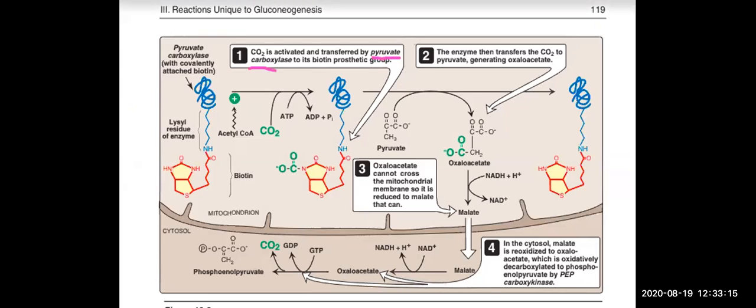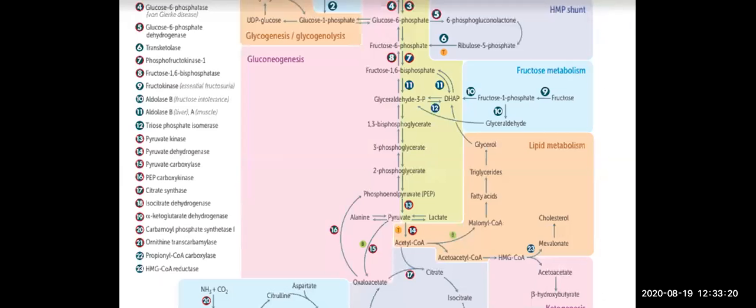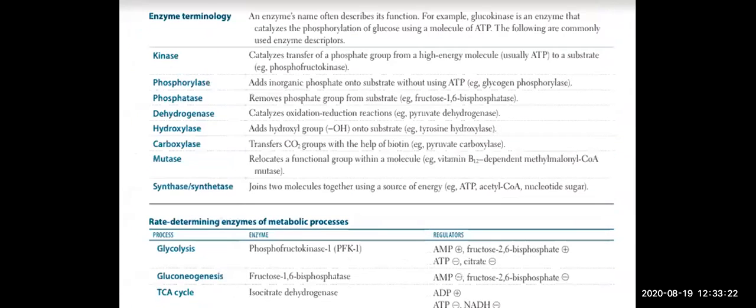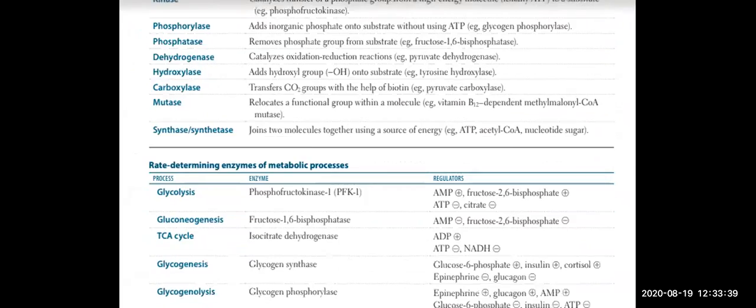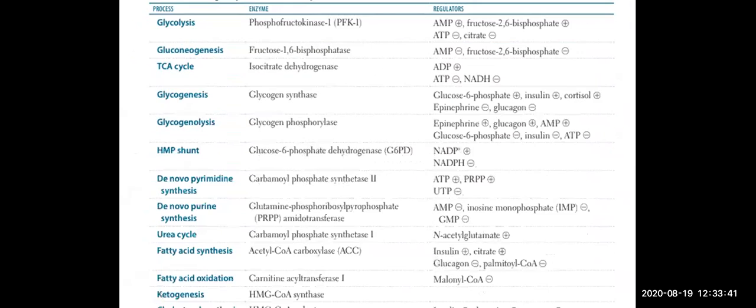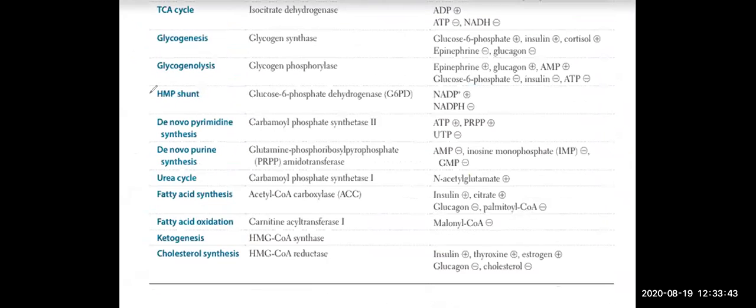Now if you're clear with this carboxylase point from your book, let's see some enzymes that are rate limiting and have carboxylase in them. So we are left with these enzymes, and let's see which enzyme has carboxylase.